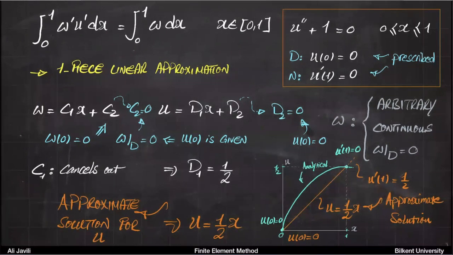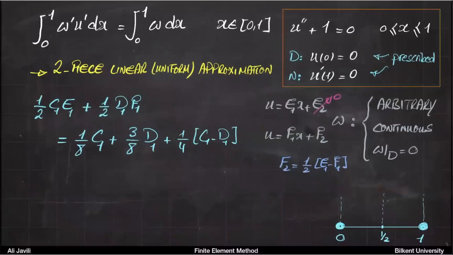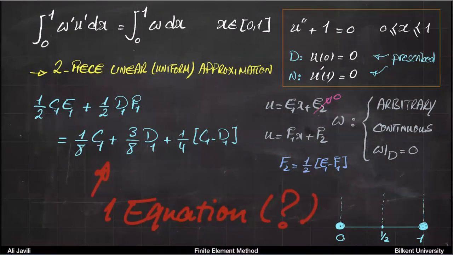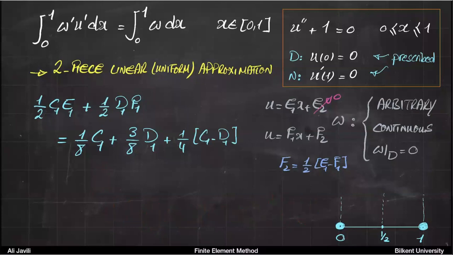Okay, so when we did this previously, the only unknown was d1, and then one equation was enough. Now I look at this. This looks like one equation. And I put a question mark because we should ask ourselves, is it really one equation?